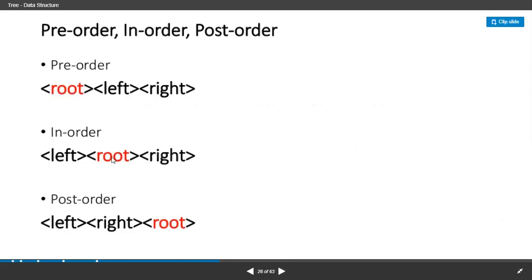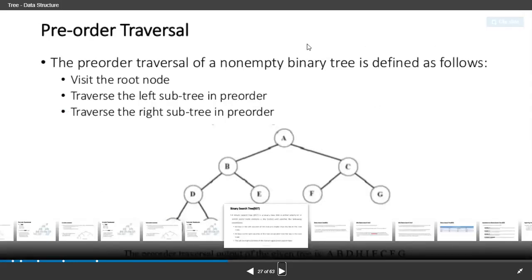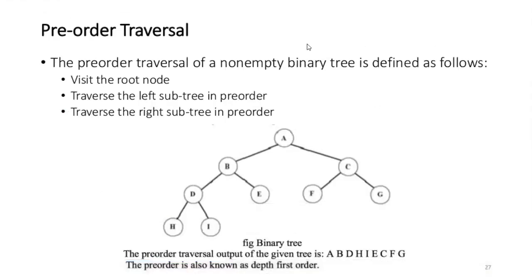In-order, the sign will come in between, then the left and right on two sides. In the post-order, the sign will go last. So this is the way that we do these three types of traversal. Now let me finish here. In the next class, we'll talk about how to do these traversals.